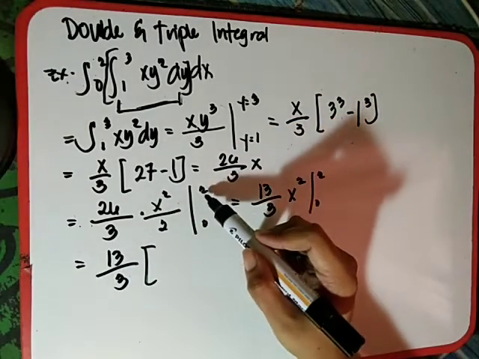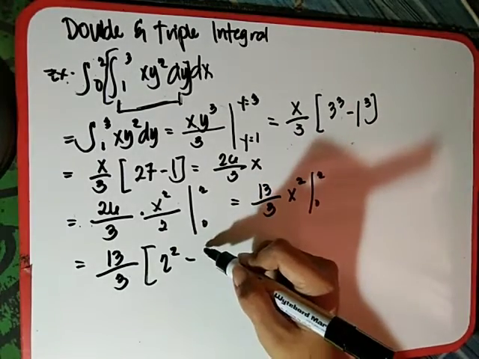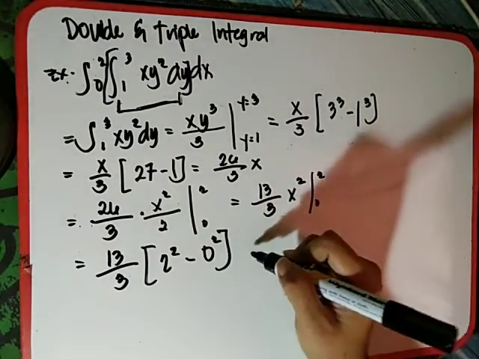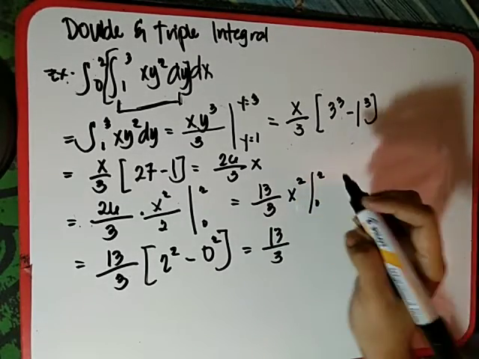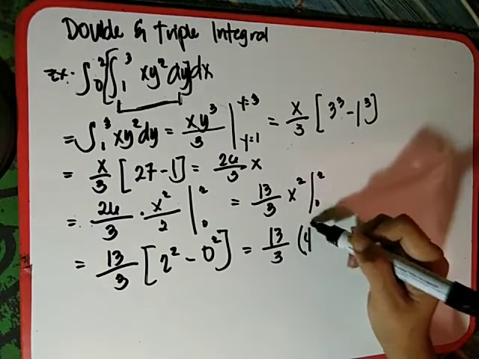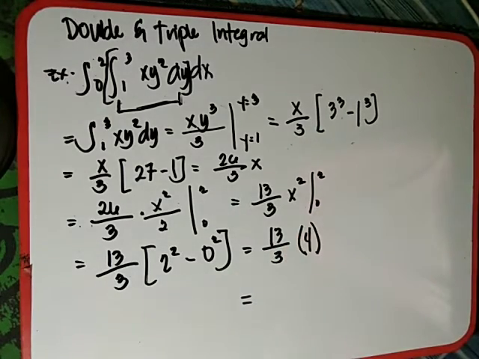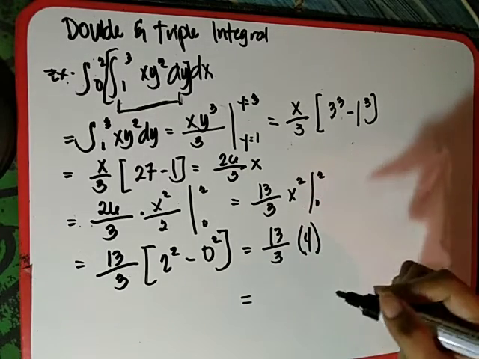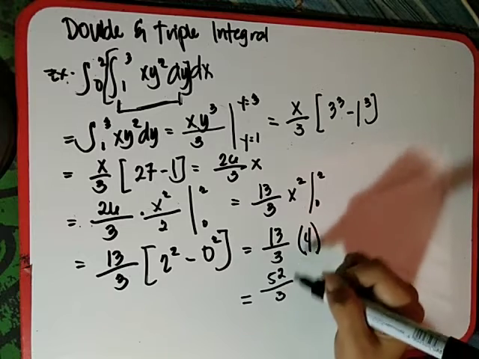We have to substitute 2 to x, so we have 2 raised to 2 minus 0 raised to 2, and equal to 13 over 3. 2 raised to 2 is 4, and 13 times 4 is 52 over 3.